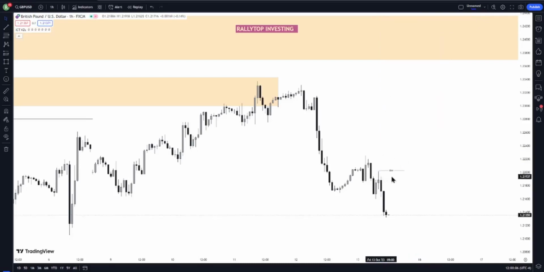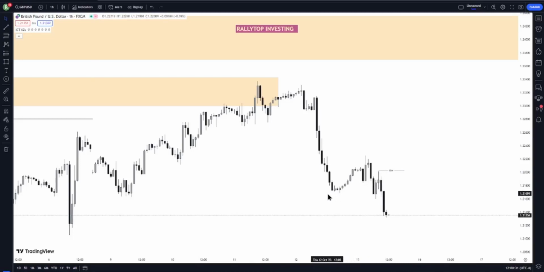And after the inducement has been taken, where is your OB on the 1H that you can capitalize on? Now, if this fair value gap holds price, this is what we'll be expecting on the 1H. We will expect where, after this inducement, is your 1H point of interest that you can look to take this trade from?